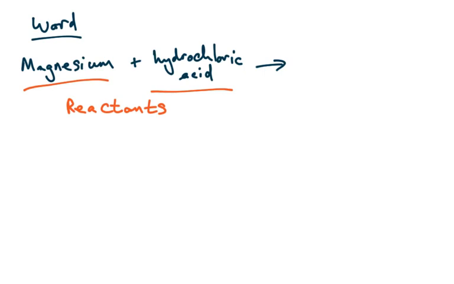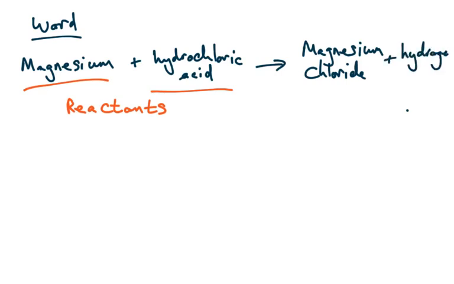In this case, the salt that we're making is magnesium chloride. And we'll also make hydrogen gas. These are our products. So our products are what comes out at the end of a chemical equation.